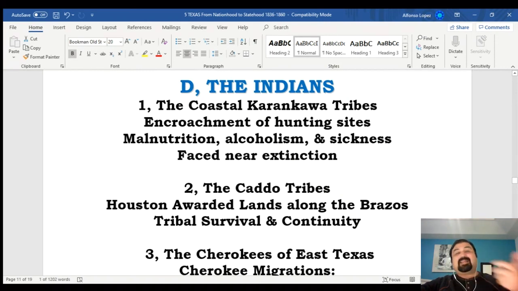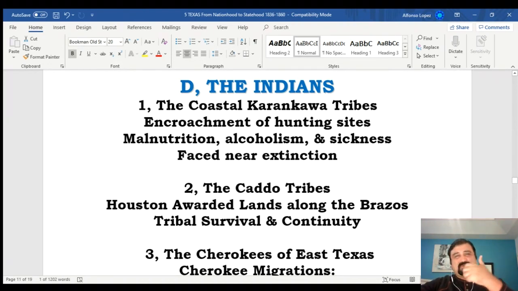So this led then to a problem, again, within those tribes. There is malnutrition. They're not finding, of course, enough food to eat or to hunt or fish. There's also the rise of alcoholism among the Karankawas, and of course, sickness as well.